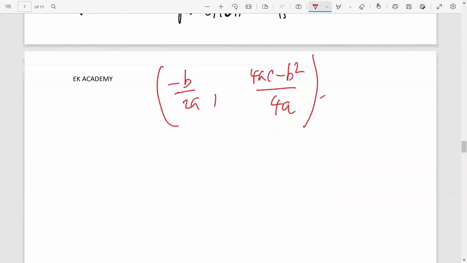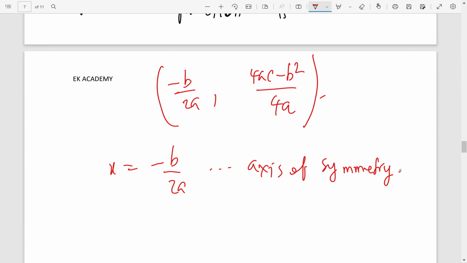The line x equals negative b over 2a is called the axis of symmetry. This is the actual axis of symmetry of the graph we are going to draw, the graph of the quadratic function, dear students. And the point at which the quadratic function attains its maximum or minimum value is called the turning point of the function.